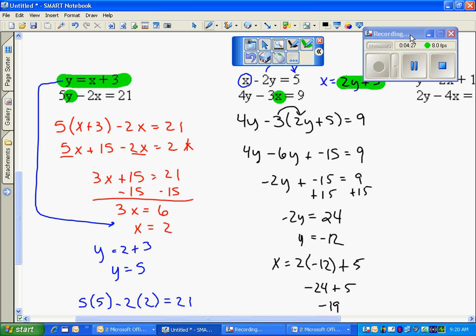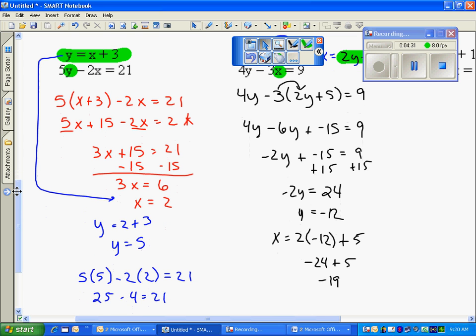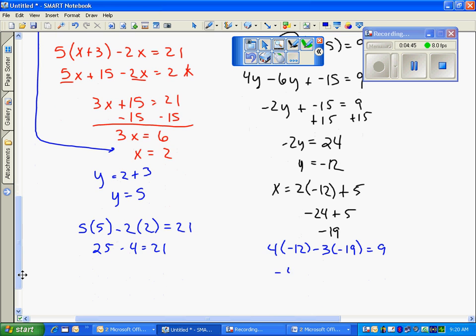Now when I plug this in, I want to make sure that it's correct. 4 times my y value minus 3 times my x value should be equal to 9. 4 times negative 12 is negative 48. Two negatives make a positive. 3 times 19, well, 3 times 10 is 30. 3 times 9 is 27.